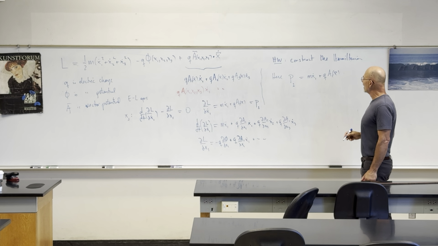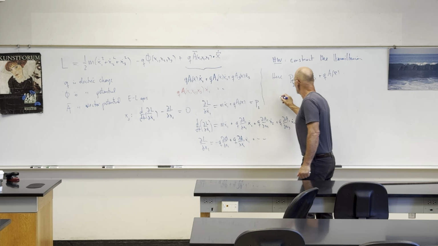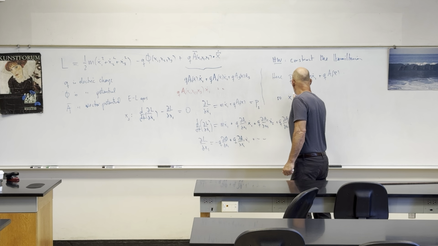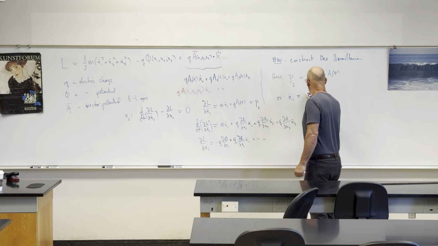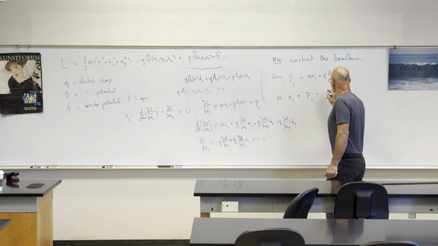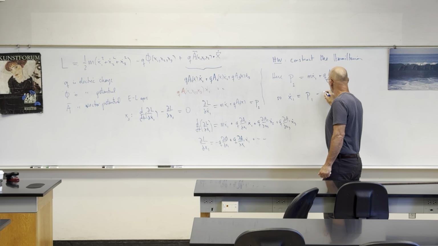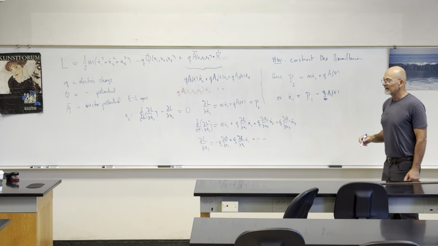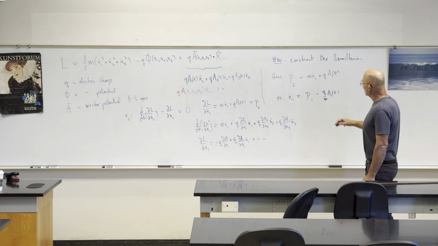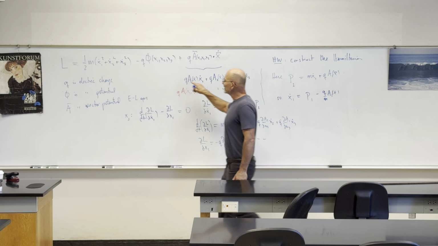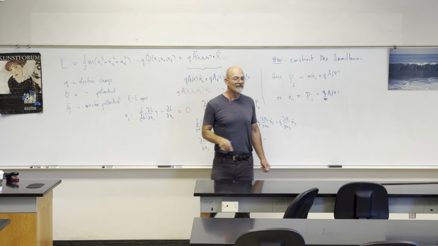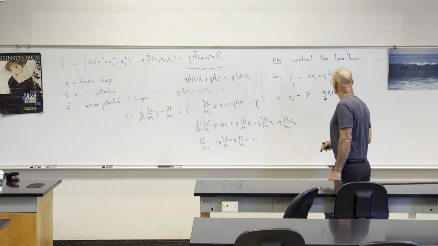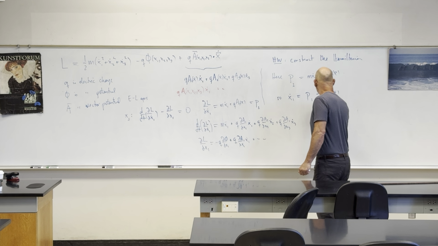So what's x1 dot equal to? Yeah, and that's going to be key. That's going to be key. So in here you have to replace all the x. I'm sorry? You want this over m. Yeah, x, of course.